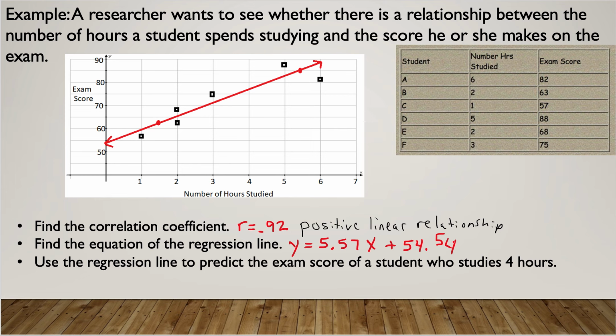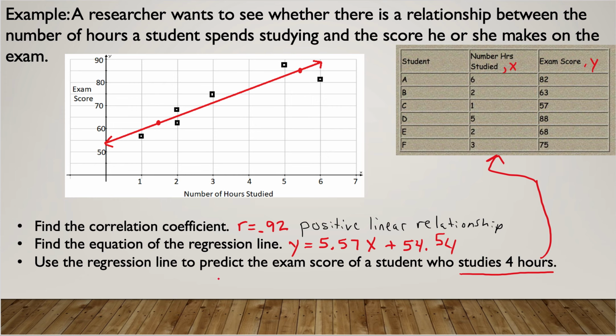And the last step says use that regression line to predict the exam score of a student who studies 4 hours. So I need to take this piece of information that they give me, and look back up at my chart, and determine that, hey, that's an X value. The hours that they spent studying, you can see that on the X-axis on your scatter plot. We would normally have an X here to tell us that that's an X and that's a Y. But that number of hours studied is the X value.